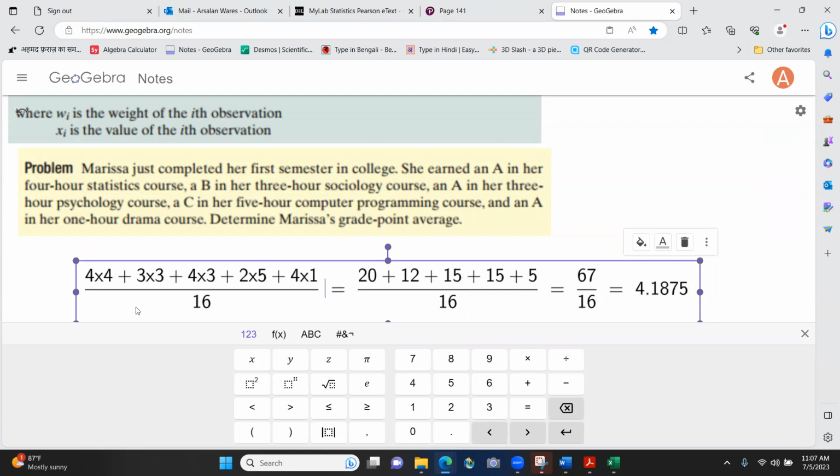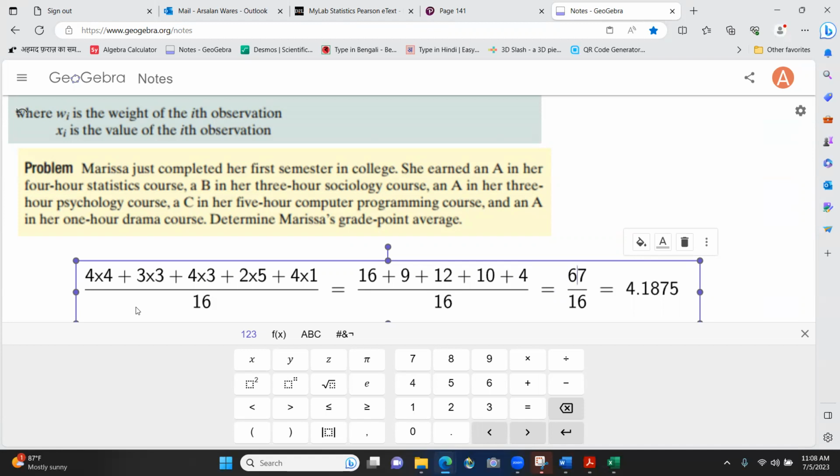4 times 4 is 16. I'm sorry about that. 3 times 3 is 9. 4 times 3 is 12. 2 times 5 is 10. 4 times 1 is 4. And what do we get? 16 plus 9 is 25, 37, 47, 51. 51 over 16.